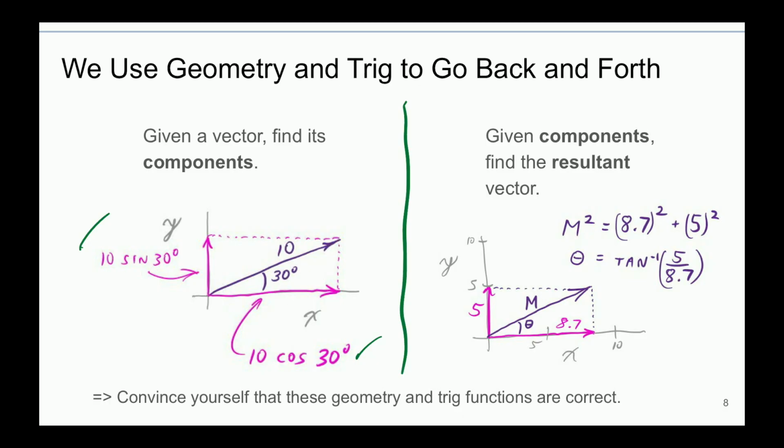Likewise, I can go the other direction. So on the right side, I have components, and I want to find the resultant vector. Somebody gave me the 5 vertical, the 8.7 horizontal, and asked me to find the magnitude and the direction, theta, of this vector. And I was able to do it using the equation shown. I used an inverse tangent function here because the two sides of the triangle were given.